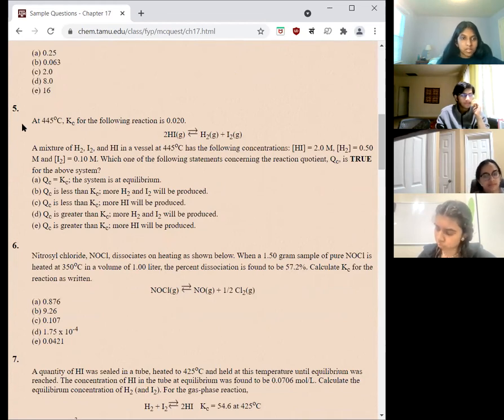Okay, so Kc for this one is 0.02. Okay, these are the concentrations. So which is true about the system? Okay, so first we should probably see if it's at equilibrium. So just plug in the numbers.